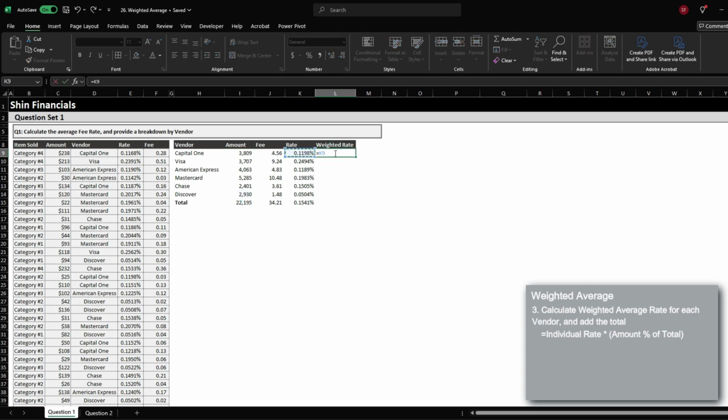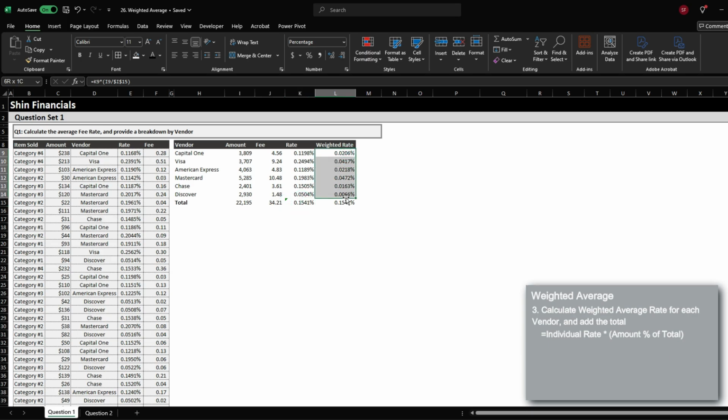So the weighted rate would actually be the individual rate times their amount divided by the base. So then let's expand this to 4 decimal places. And once we sum this up, it will get us to the same total of 0.1541%.